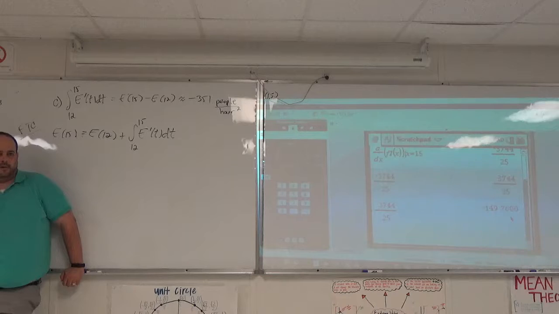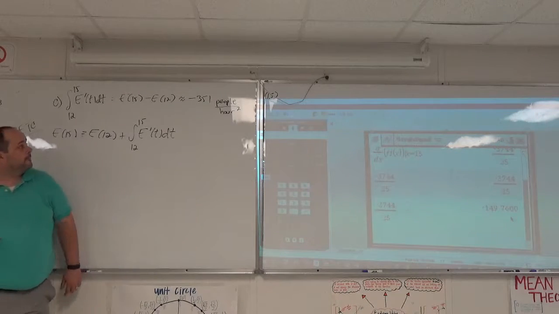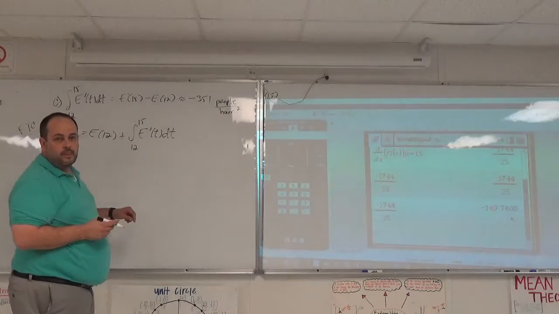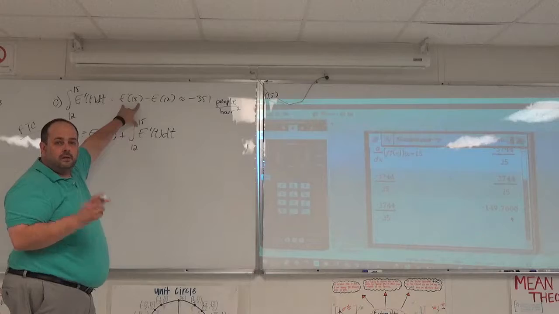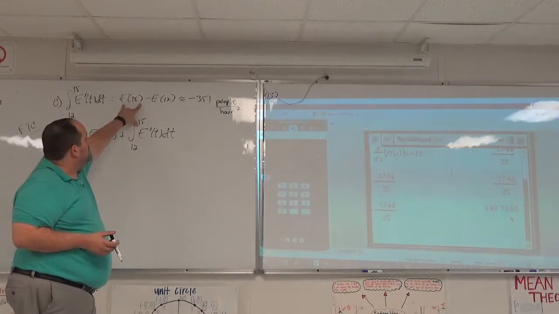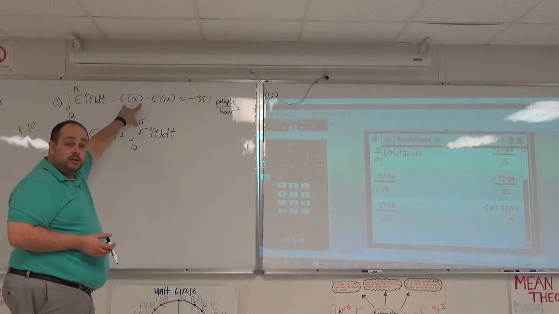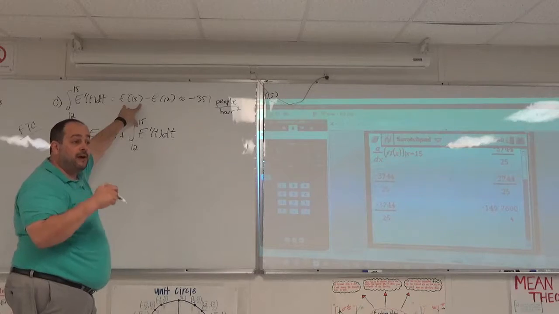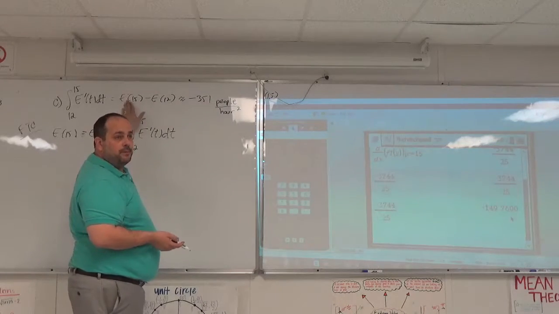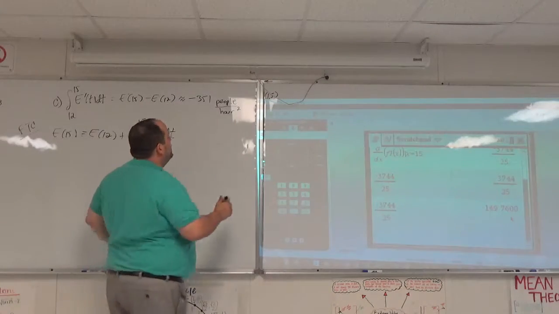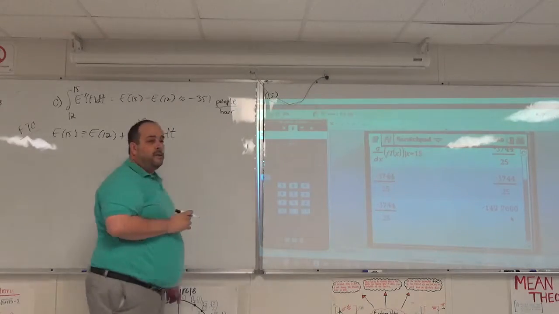Stephen, what do you think? People per hour. Why? Because we're not really talking about acceleration. We're talking about people leaving per hour. What are the units for E? People per hour. The units over here are still people per hour. People per hour minus people per hour is people per hour.